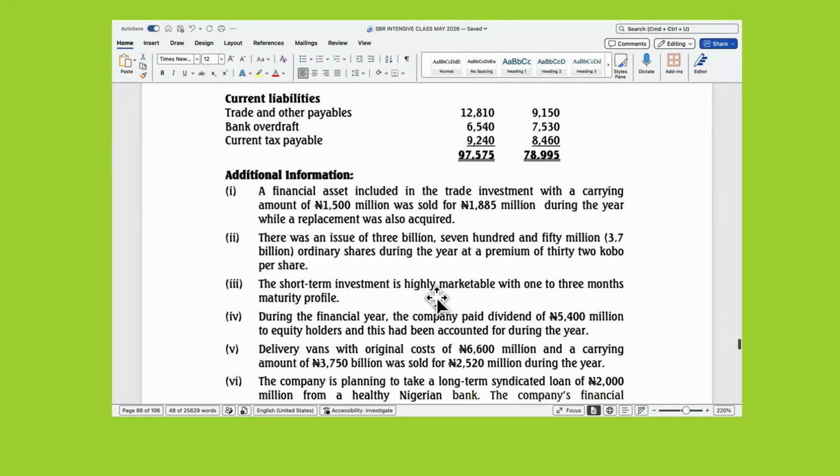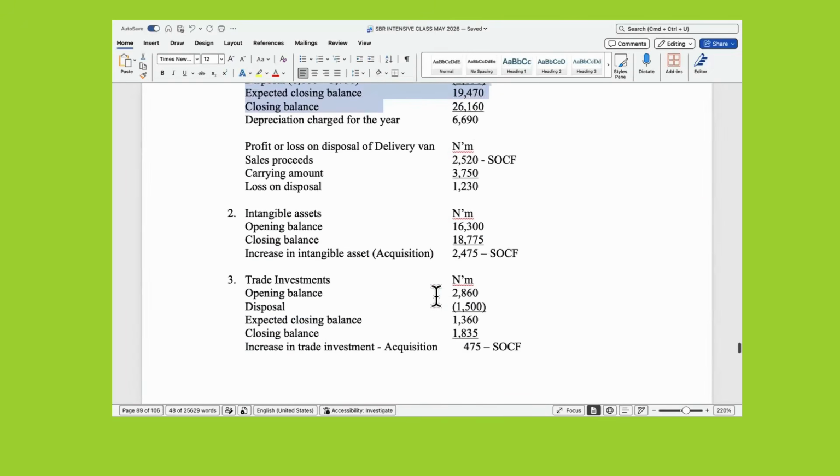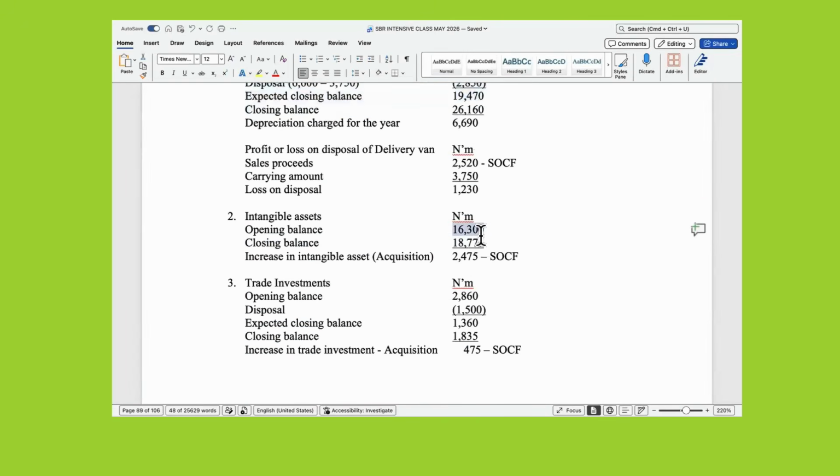Since the additional information didn't say anything around intangible assets, I will just do the movements. Opening 16,300, closing 18,775, difference 2,475. That's an increase in intangible assets, meaning we bought more assets. It goes to the statement of cash flows under investing activities.